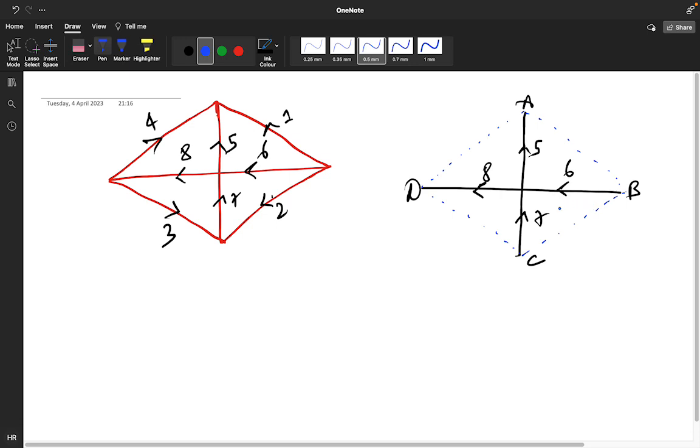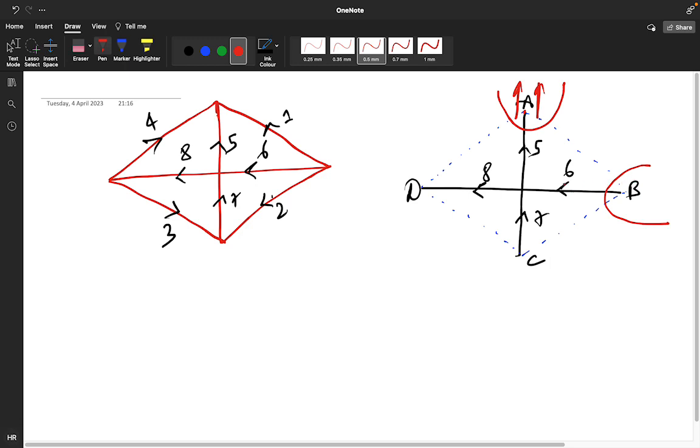Now you have to draw the cut sets. So our first cut set will be this. This is my first cut set, and whatever the direction will be, it will follow the twig direction. So how many cut sets can we create here? What will be the direction? It will follow the tree branch direction, the twig direction. So this is my twig, branch 6 of the tree, so it is following. And again for this, what will be the direction? It will follow the tree branch directions.